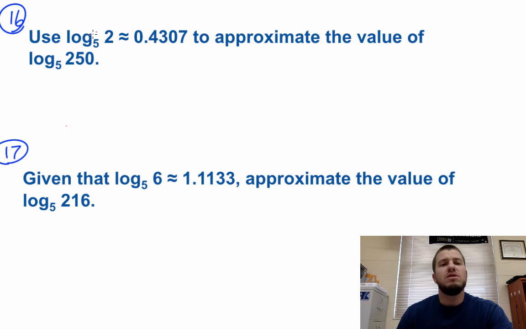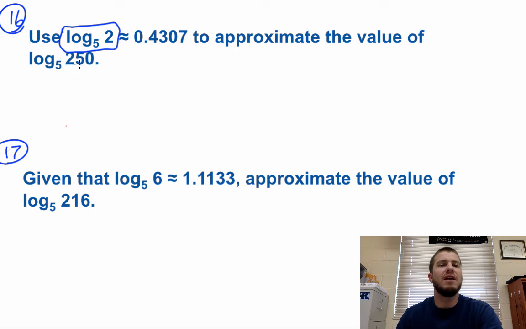So this says use log base 5 of 2 as approximately 0.4307 to approximate the value of log base 5 of 250. So you have two things you have to pay attention to. They're giving you the value of this log, and it has a base of 5.